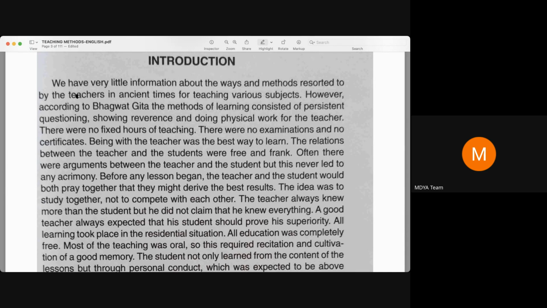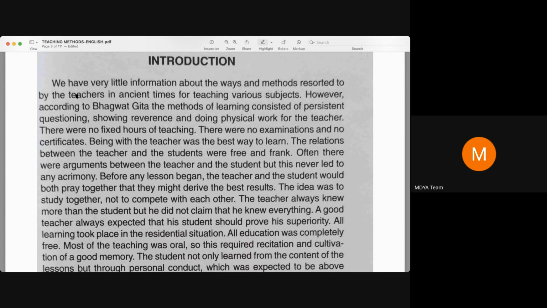So this is showing the difference. There were no fixed hours of teaching and learning, no classroom method, no examinations, and no certification courses. Being with a teacher was the best way to learn. The relationship between a teacher and a student was very free and frank.